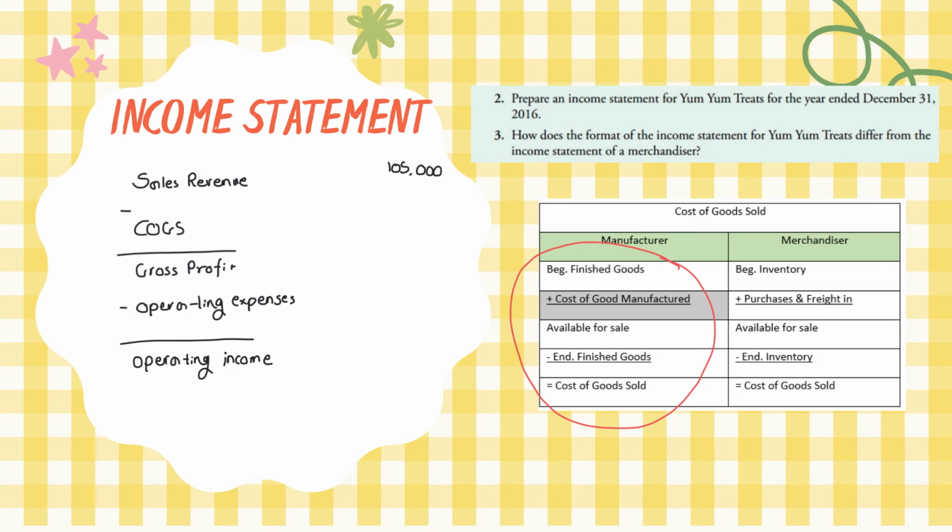We get 62,300. So now 105,000 less 62,300 equals 42,700. This is the gross profit.